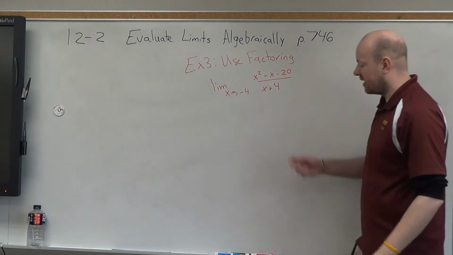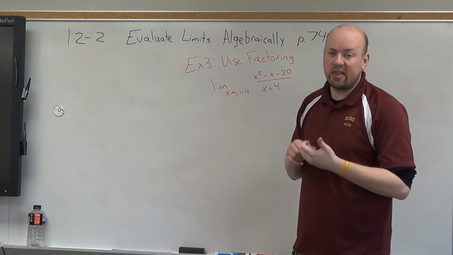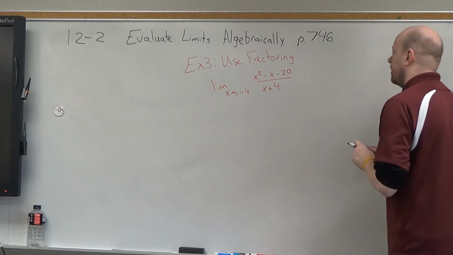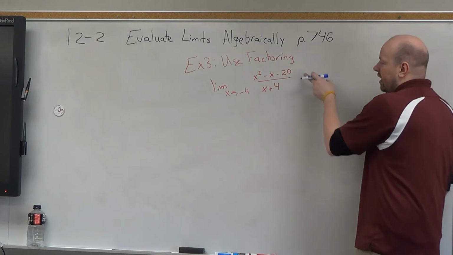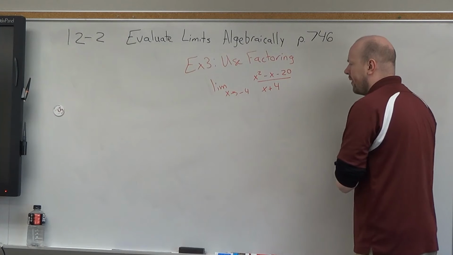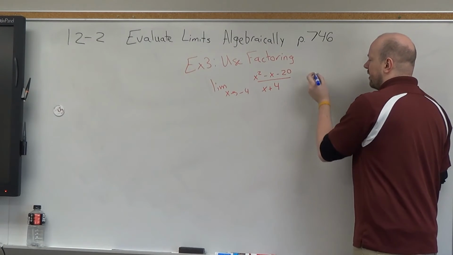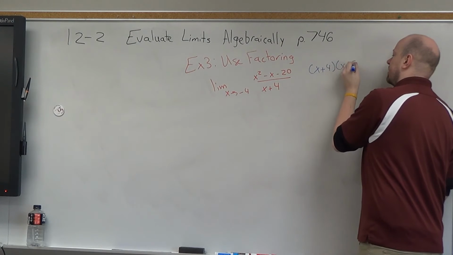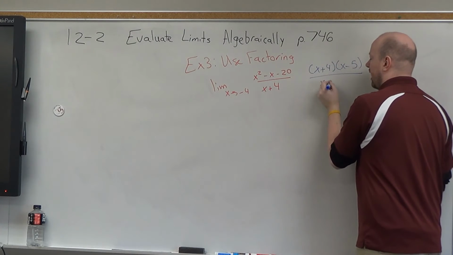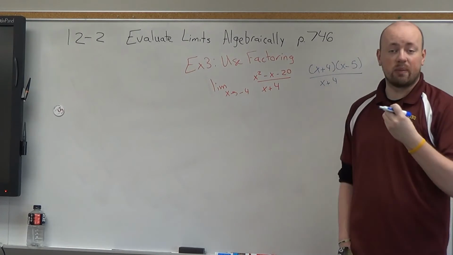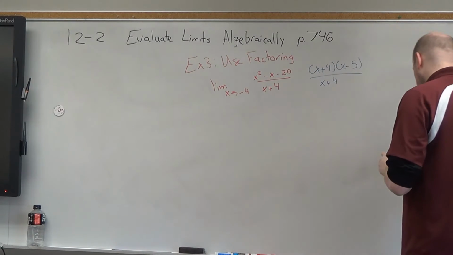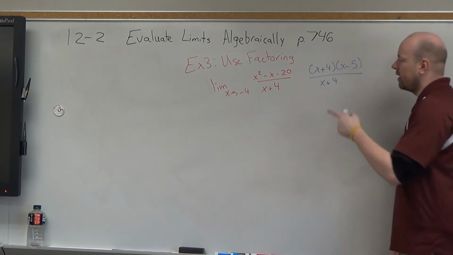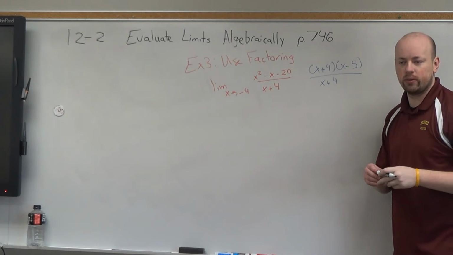Just because that point doesn't exist doesn't necessarily mean that the limit doesn't exist. Well, we can do some clever algebra. We can factor this top part and see what happens. If I factor this, I would get x plus 4 times x minus 5, all over x plus 4, because I haven't done anything to my bottom yet. Now, algebraically, what is x plus 4 divided by x plus 4?